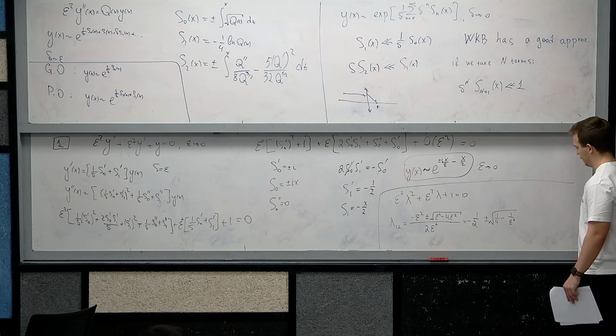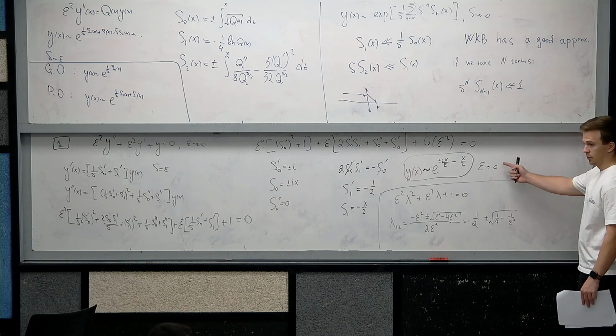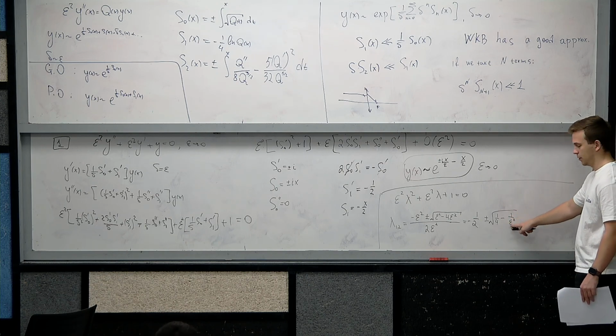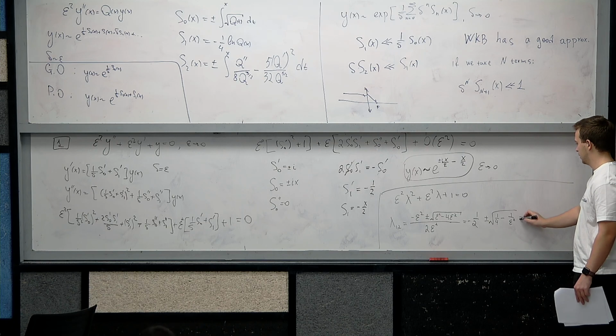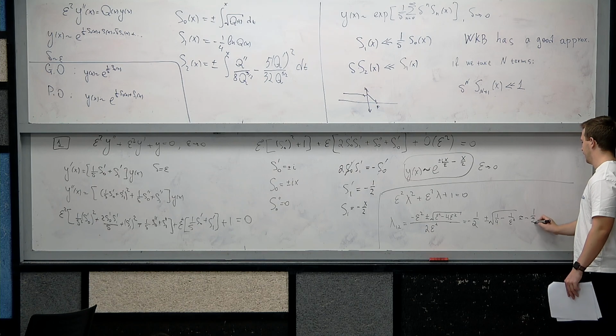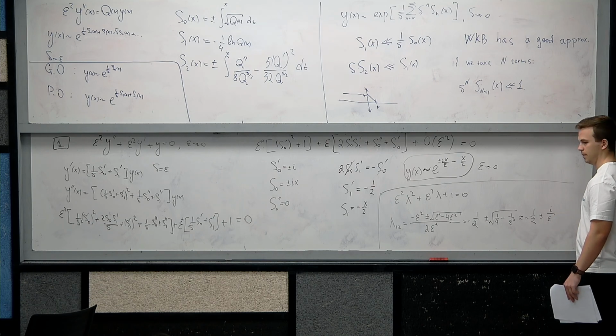Right? So because epsilon goes to 0, we can neglect this term with respect to this one and write it as minus 1/2 plus minus i divided by epsilon.